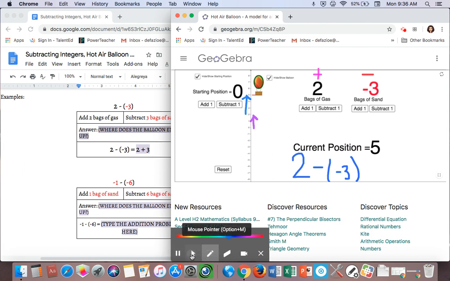Now, this is when we're going to look right here where it says 2 minus negative 3 equals 2 plus 3. If we notice, 2 minus negative 3 looks a lot like, if we look at our arrows, positive 2 plus positive 3. The addition problem, 2 plus 3 also equals 5.